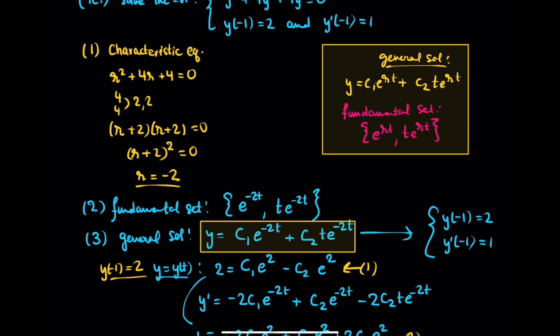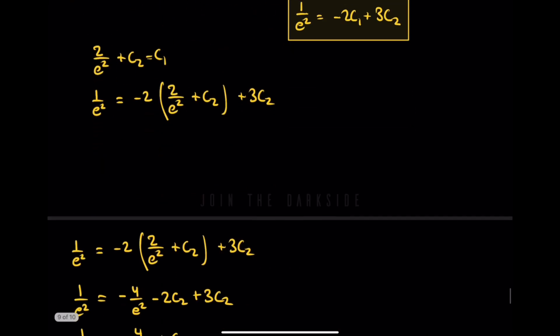I'm going to do one more problem on case B, and then I'll go to case C, where we look at complex roots. Okay? So let's do one more example on case B. So again, example.